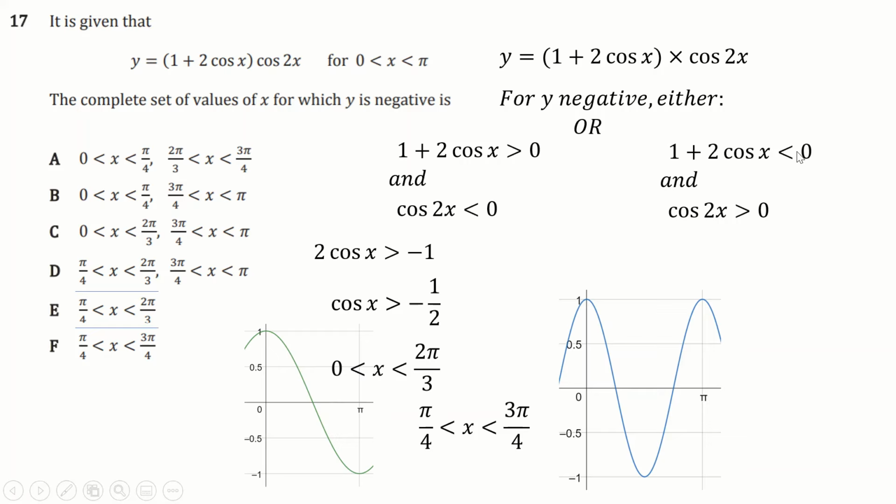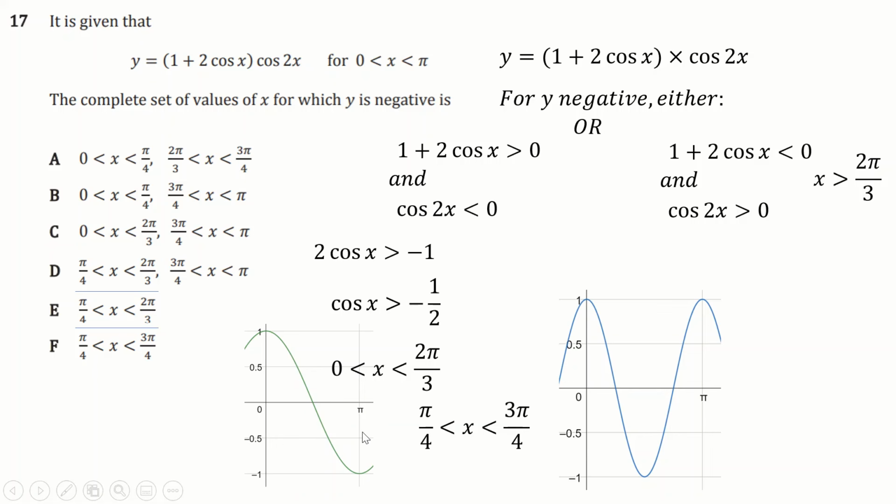I need 1 plus 2x to be less than 0. Well, this is just the symmetrical case, right? It needs to be the opposite answer to what I got the first time. I need cos x, when you do the maths, you do the same maths here, you just get the sign the other way around. And I need cos x to be less than minus a half. Well, that's just going to be when x is greater than 2/3 pi, right? Like, it's just a symmetrical case of this.